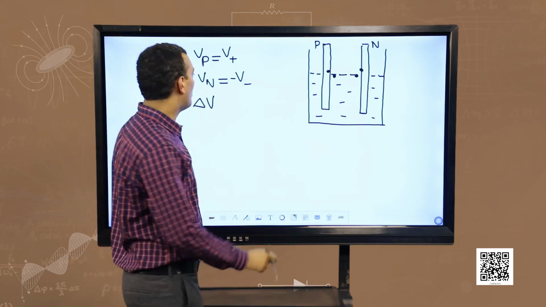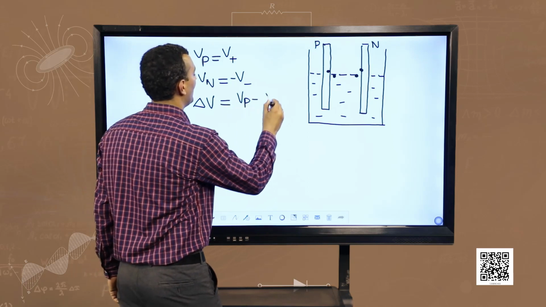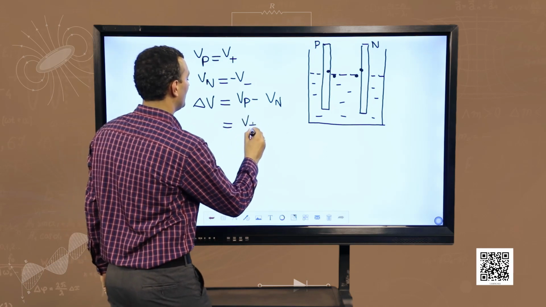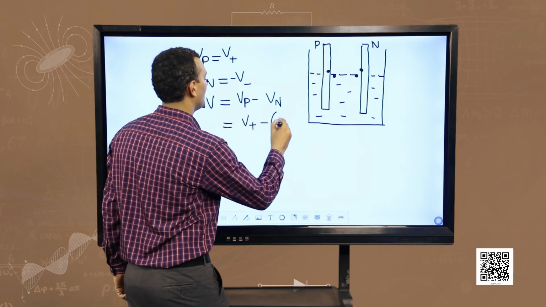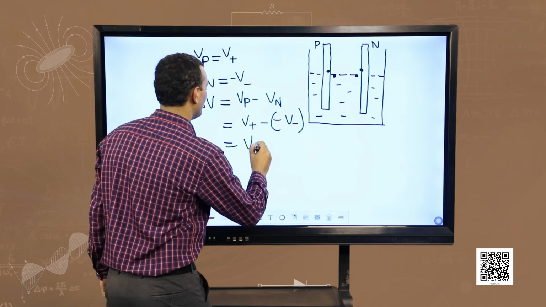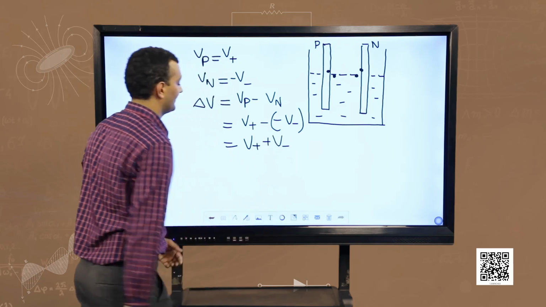the difference of the two potentials is Vp minus Vn, which becomes V plus minus (minus V minus), and it becomes V plus plus V minus.